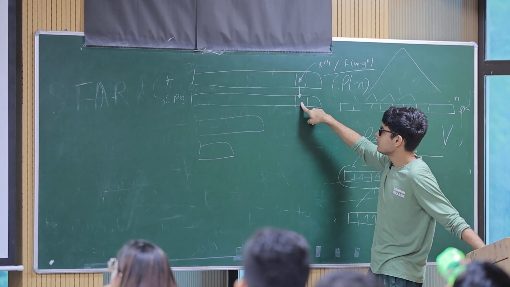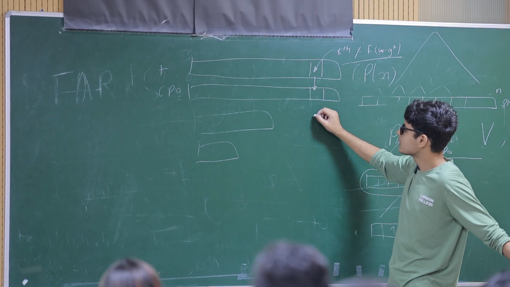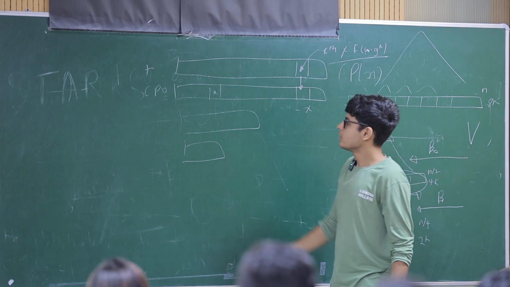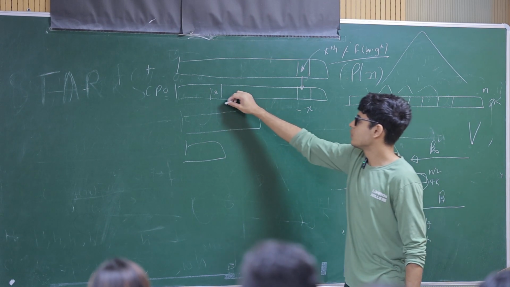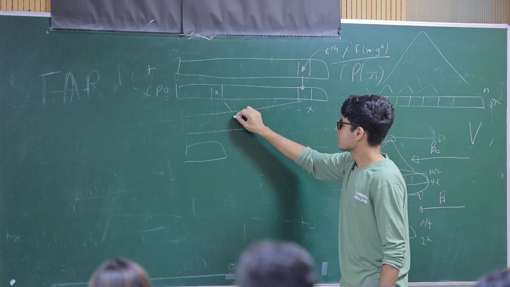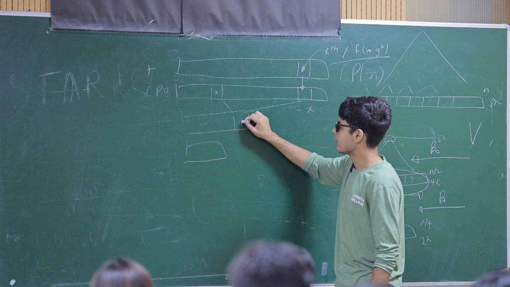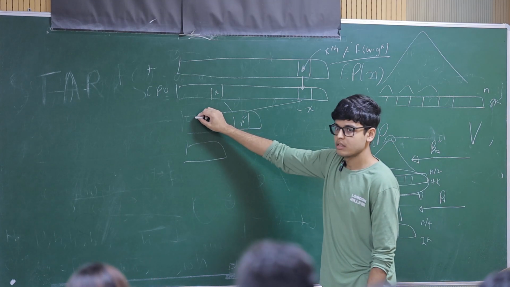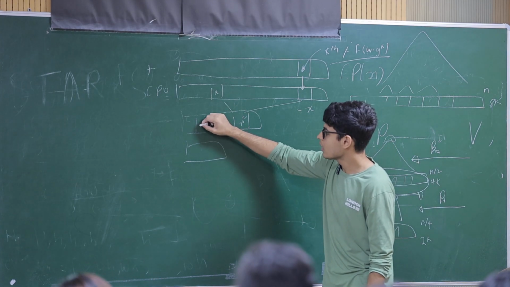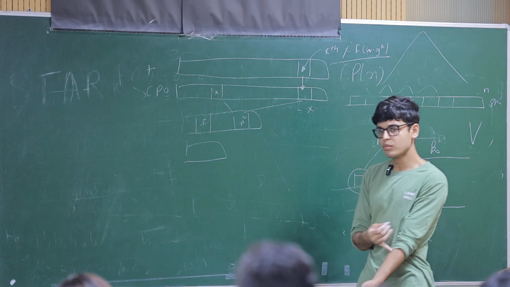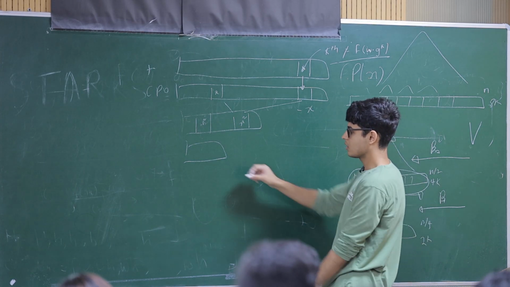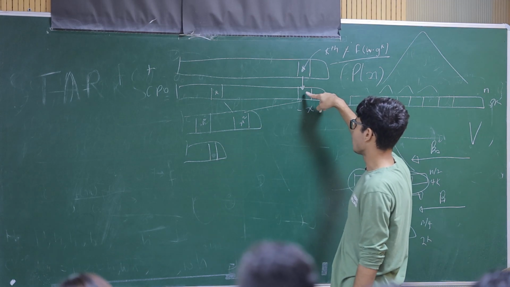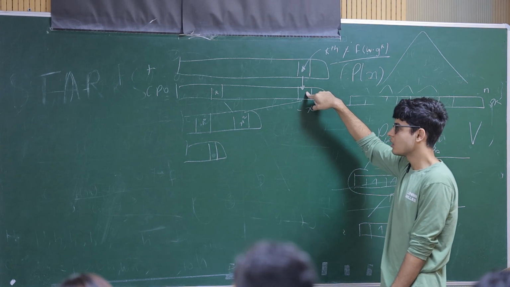Now remember this element of CP0: if this is element minus x and this is element x, x and minus x together gave you CP1 of x squared, right? Eventually at some point you'll reach some value that was dependent on this minus x.